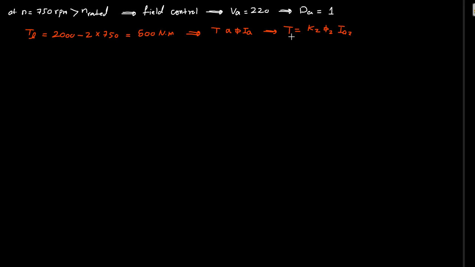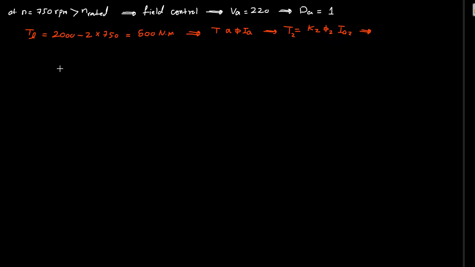So here we can also write T2. So from here we can get, let's say, first relation between the torque and the current.